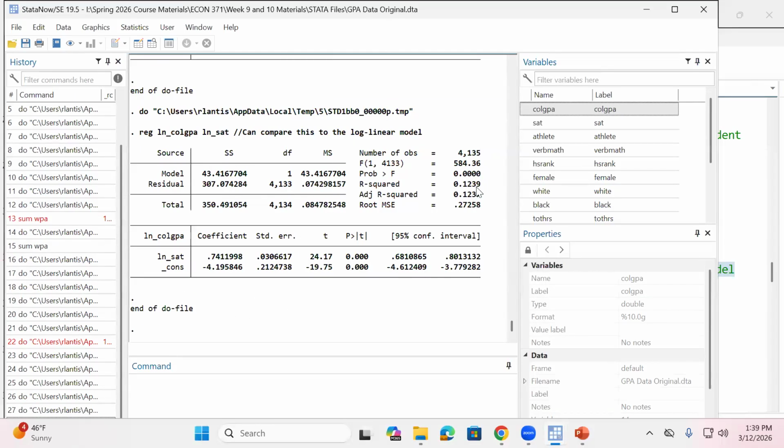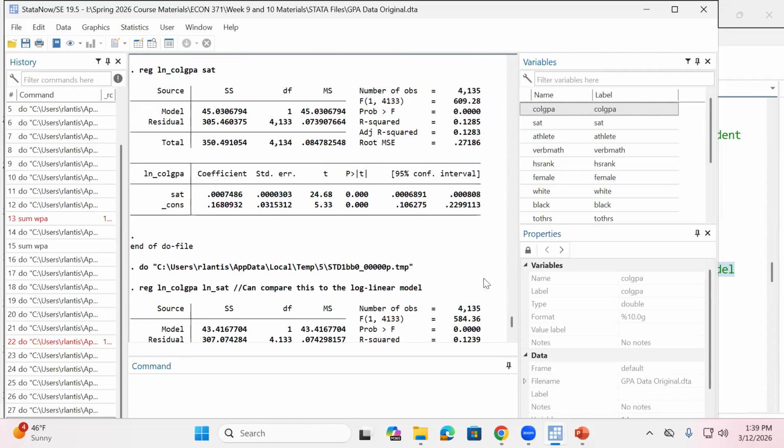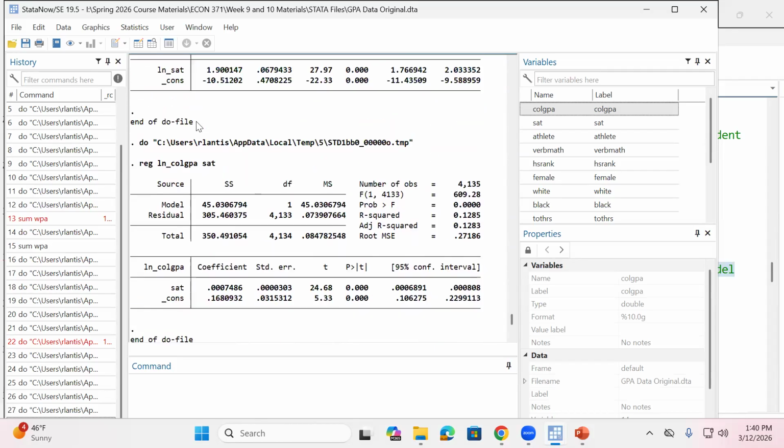Well, what's one value I could look at across all four models to tell me what is the best fit? If I'm interested in this relationship between SAT scores and GPA, I want to know what variation in GPA is best explained by my SAT score, in which model. I could look at my R squared. So 0.12 from the log model, 0.1285, slightly higher in the log linear. So right now, that's the best one.